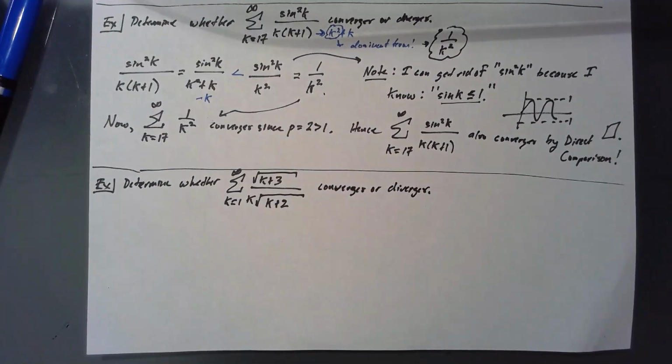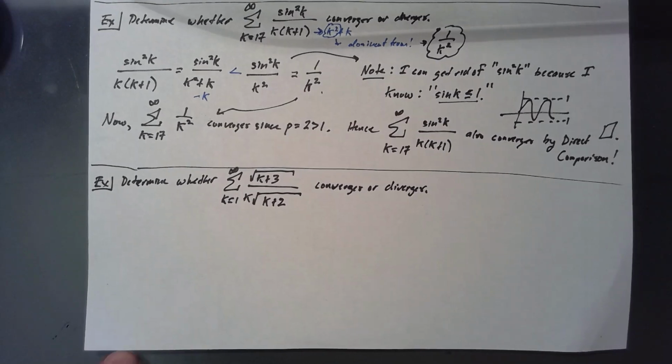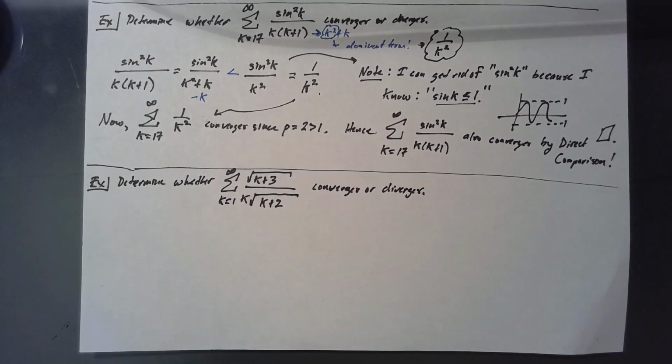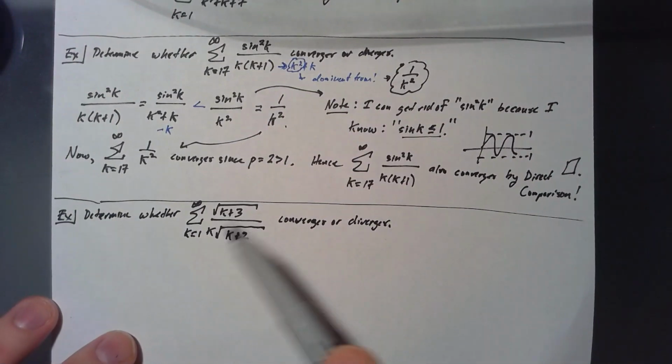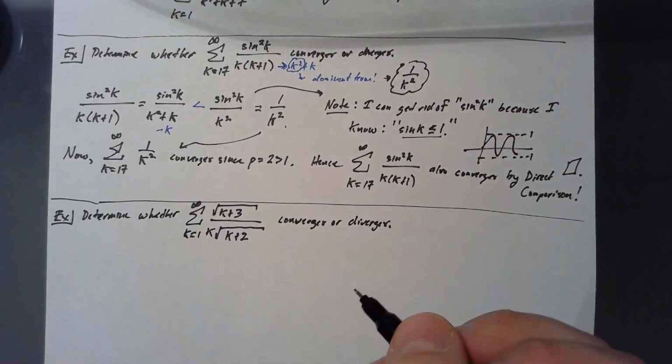Determine whether that series converges or diverges. Okay. So what are we going to do here? Well, just like I did in the previous ones, let's look at the dominant term in this series.